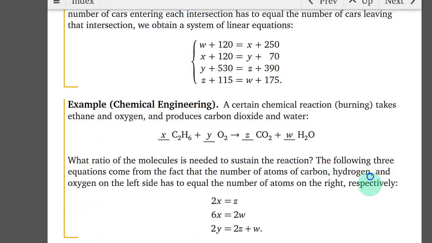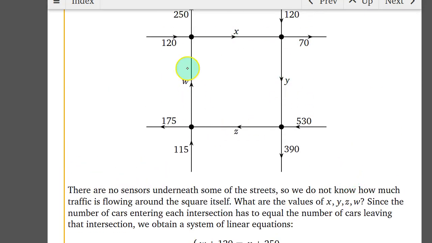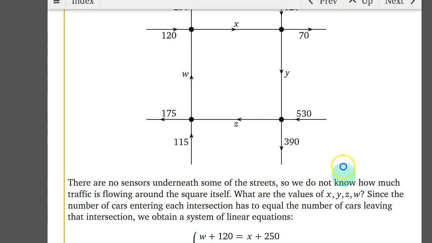And what if you had a much bigger network, where you're talking about not just this one town square, but the whole city? Then you might have 100 variables or something for the different blocks that you're interested in.